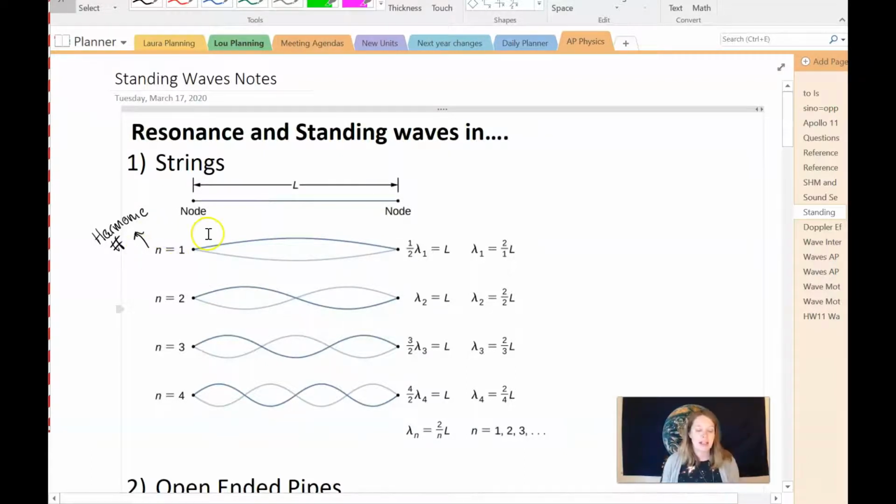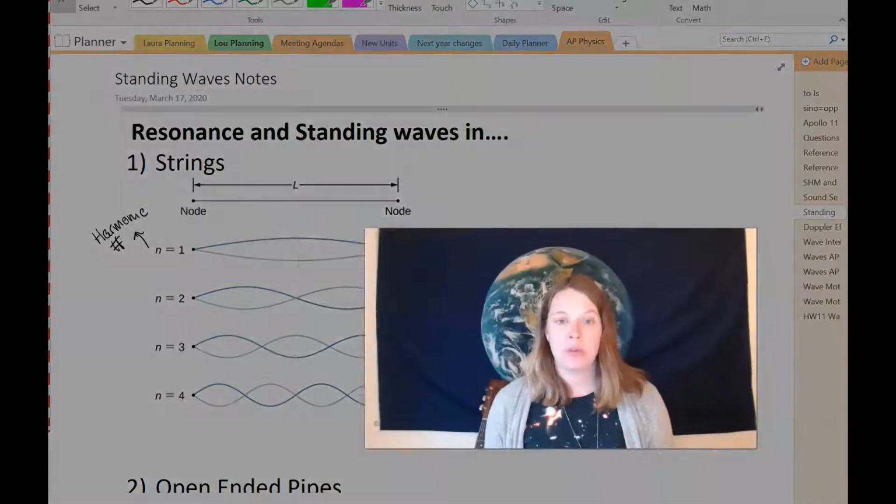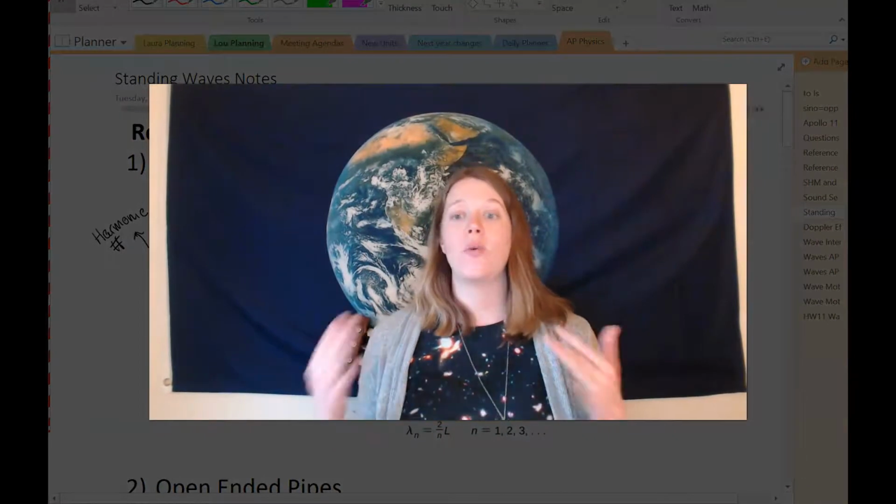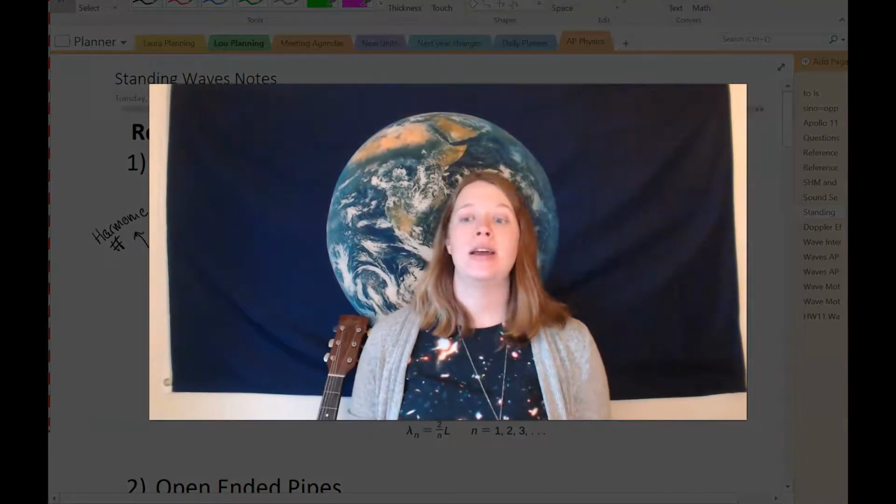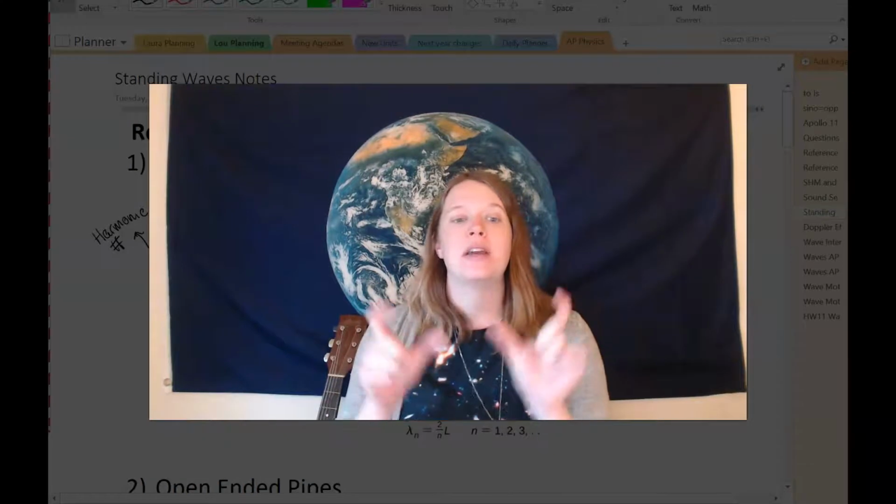We can identify the multiple frequencies that we can make on a string by their harmonics. And this is our first dabble into the idea of what's called quantization, which is the foundation of quantum mechanics. Note the prefix quant, like quantity or quantitative, which refers to the idea of a specific amount.